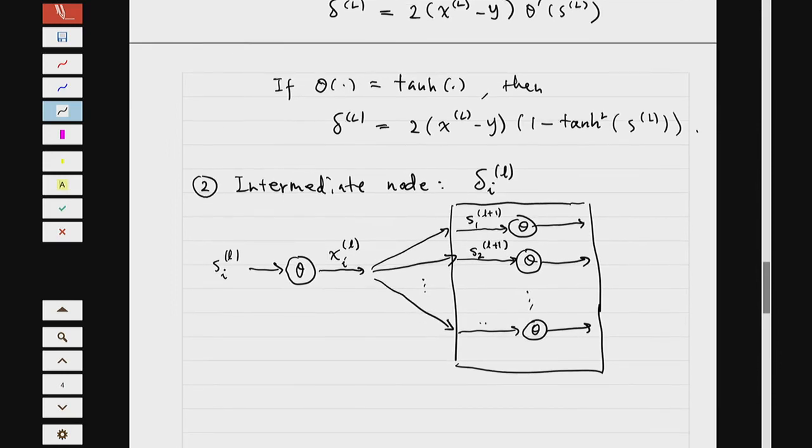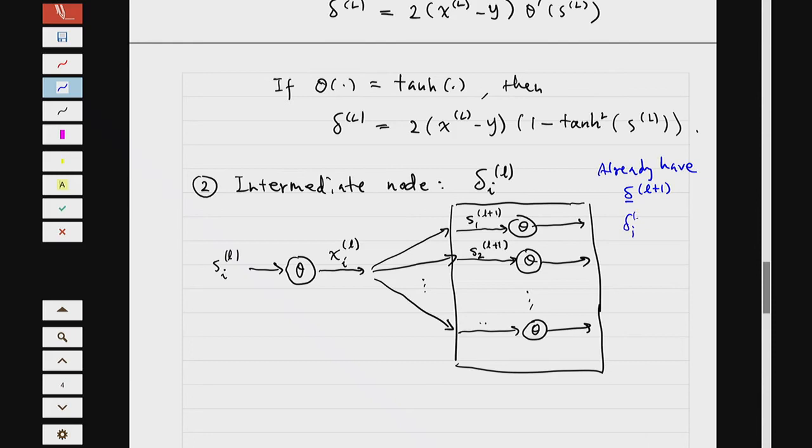So now the question is, how do we calculate this delta I? Of course, the idea is to go backwards. So at the layer L, we assume that we already have the values of delta for the next layer, L plus 1, because we come backwards. And we already have the last layer anyway, so we just keep backtracking. So at this stage, just remember that we already have delta L plus 1. As a reminder, what is delta L plus 1?